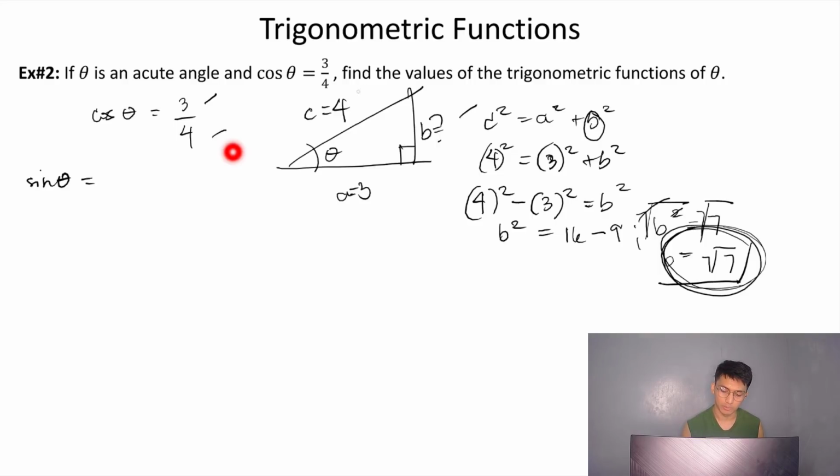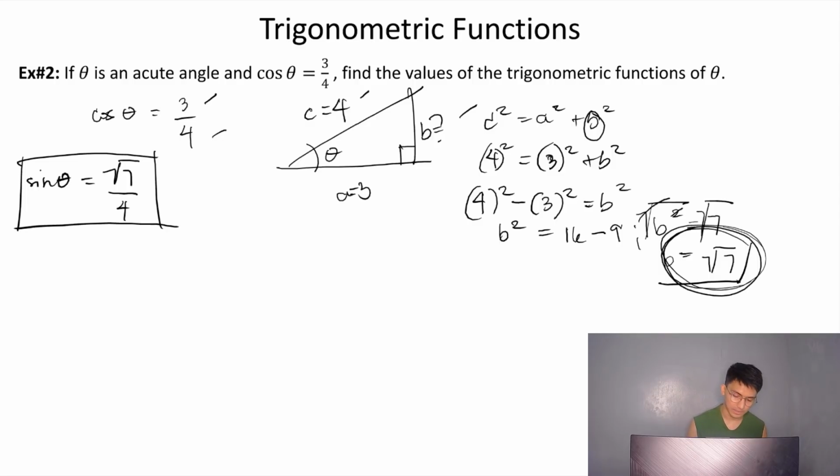Opposite over hypotenuse, we have square root of 7 over hypotenuse. This is our sine theta. For tangent theta, we have opposite over adjacent. The opposite of the acute angle theta ay B, or yung square root of 7 over 3. So this is our tangent theta.